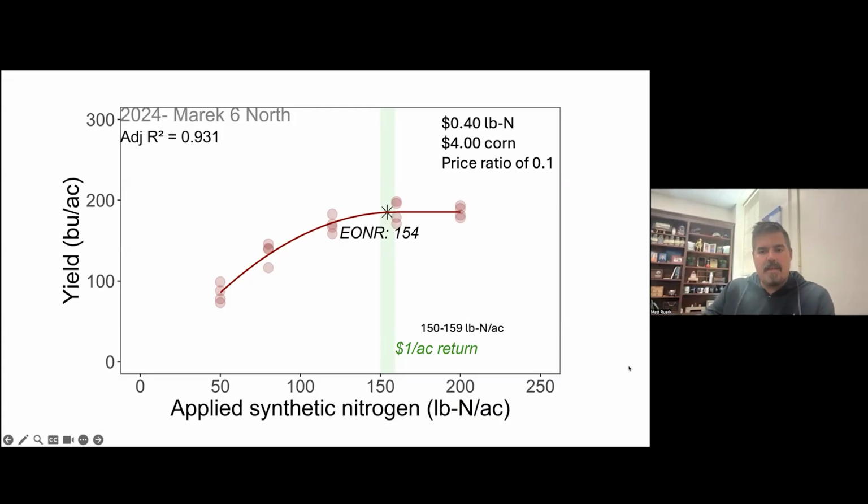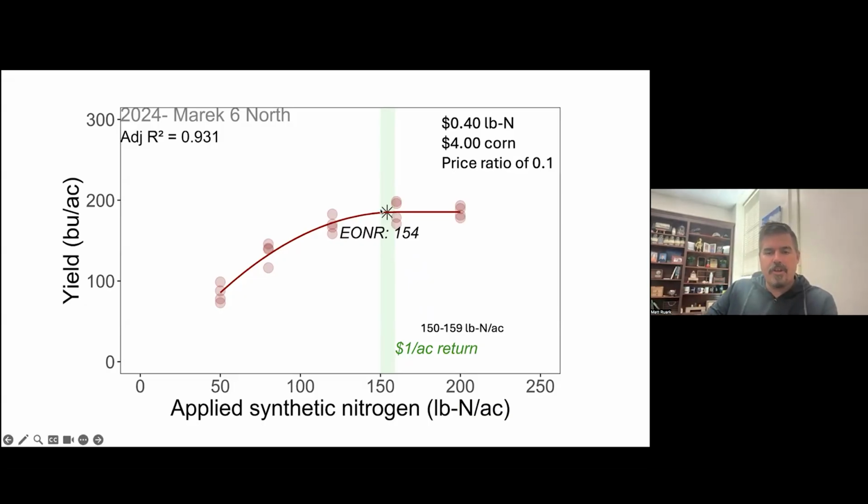What's a little interesting that I want to point out: this response curve is very tight and it drops off pretty rapidly, so this range isn't necessarily very large. But it's also important to note that this range is not equally distributed going down the curve versus going up the curve.